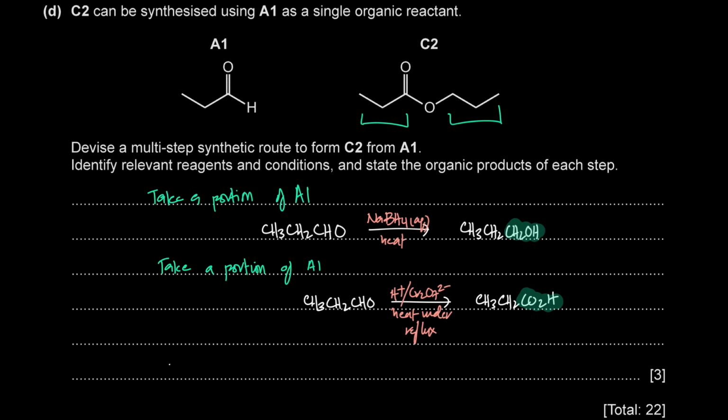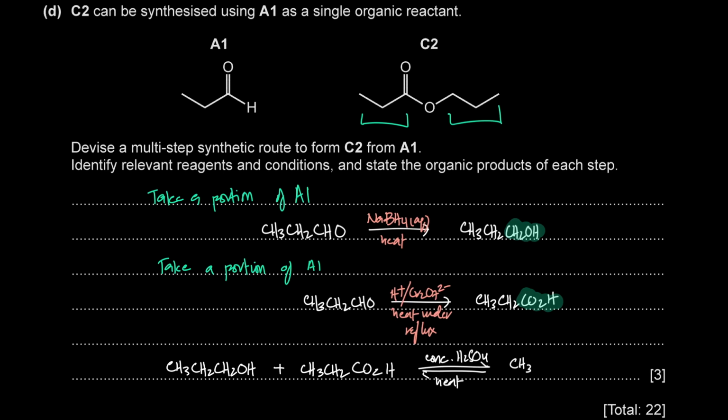We can react these two to form the ester. The primary alcohol can be reacted with the carboxylic acid in the presence of sulfuric acid catalyst, specifically concentrated sulfuric acid, and heat around 60 degrees Celsius, and we end up making the ester.